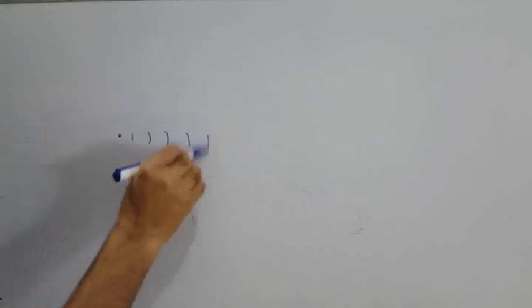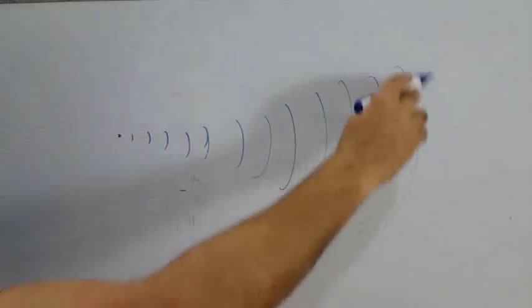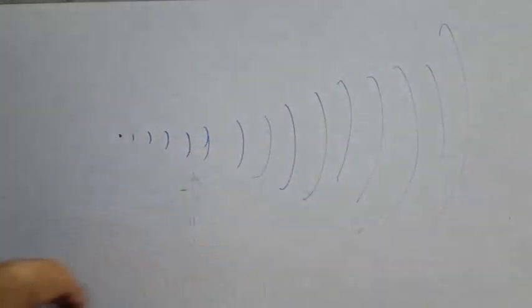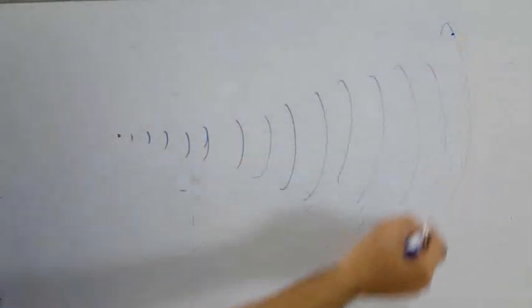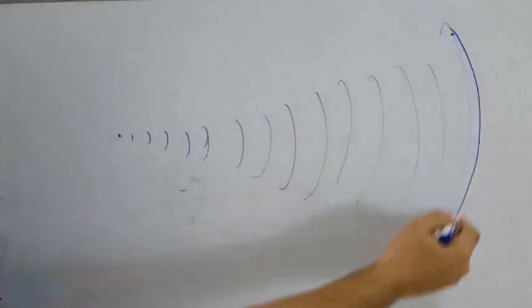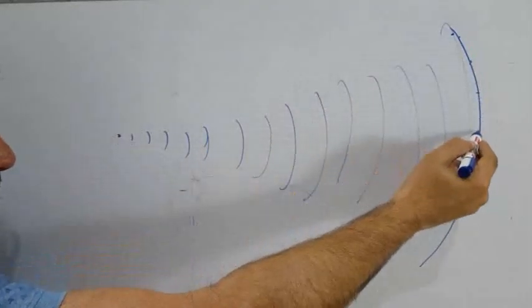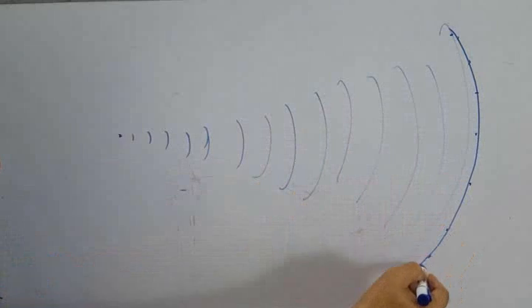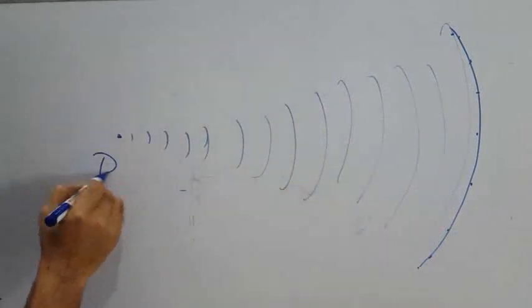Another is what? Suppose a wave is emitted from this point in this direction. It keeps on spreading out in space, and suppose it reaches this point. Here are different points on this wavefront. Suppose this is a photon.